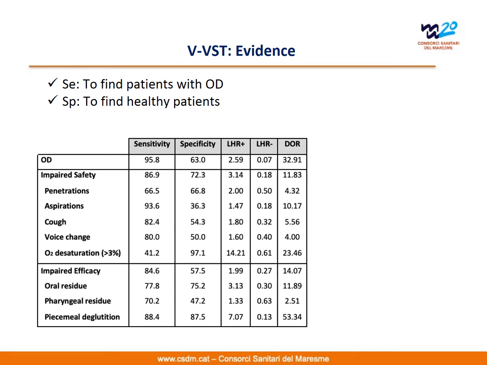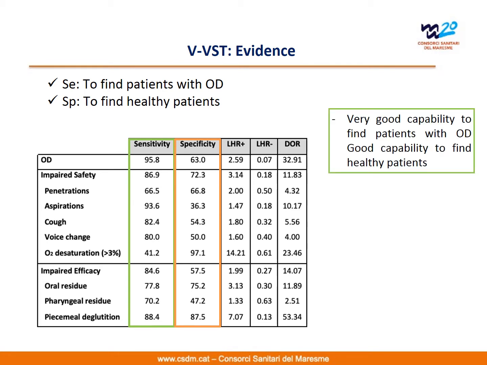So, taking into account that sensitivity is the capability of our test to find patients that really have oropharyngeal dysphagia, whereas specificity is the capability to distinguish healthy patients inside this group of participants or patients. These are the results after a meta-analysis, where we can see the sensitivity is very high with a 95.8% for oropharyngeal dysphagia, and the specificity is not bad with a 63%.